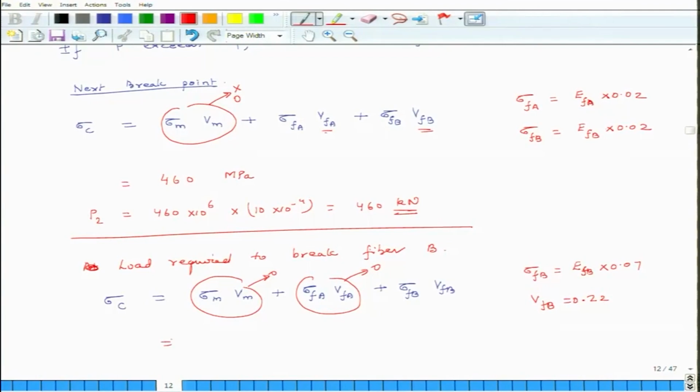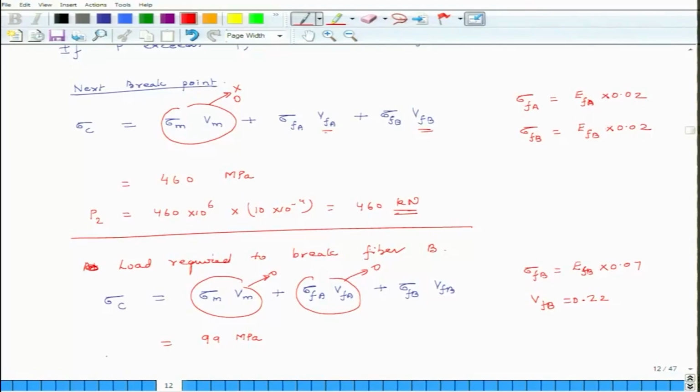So, you do all this calculation and you find that this is only 99 megapascals. What does that mean? That once the fiber A breaks, it transfers all the load to fiber B, but just to break fiber B you only needed 99 megapascals, right, and all this extra stress has gotten shifted to it. Fiber A is going to break at 460 megapascals.